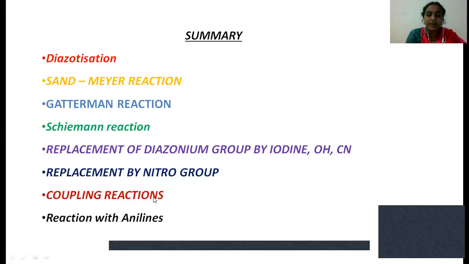Here the phenols and the anilines are both activating groups, so electron density will be high at the ortho and para positions. At the para position, the reaction with the benzene diazonium group takes place and produces the azo compounds.